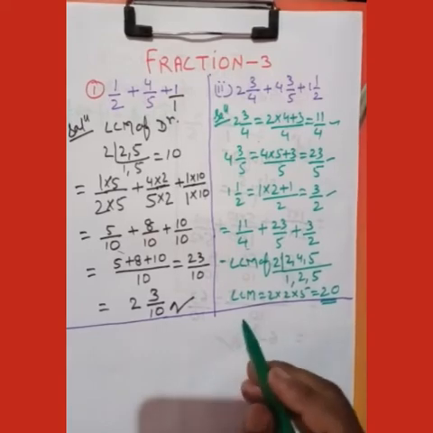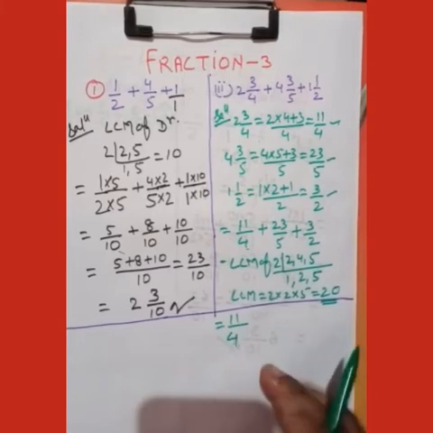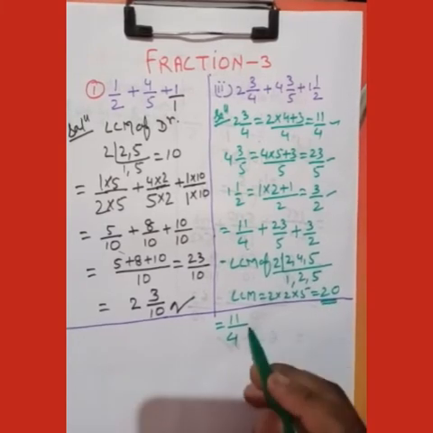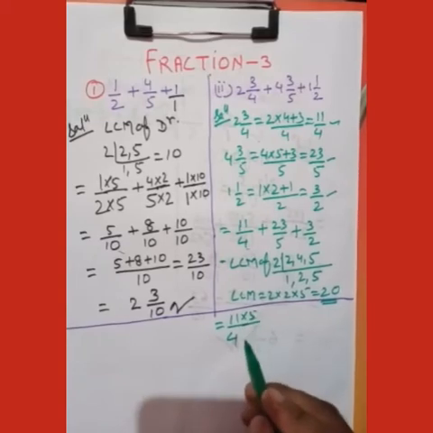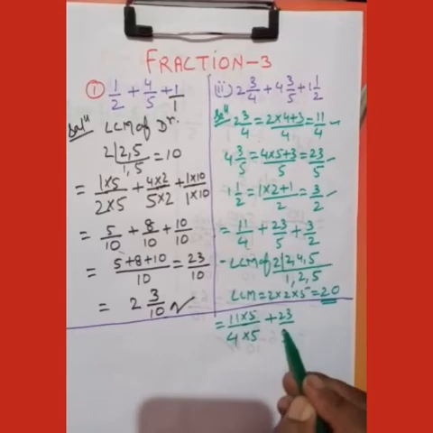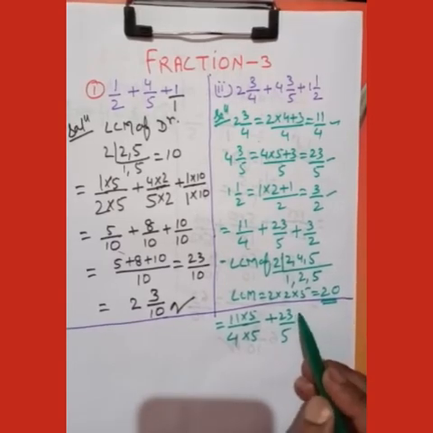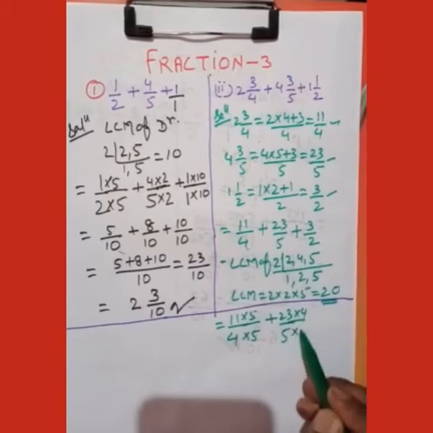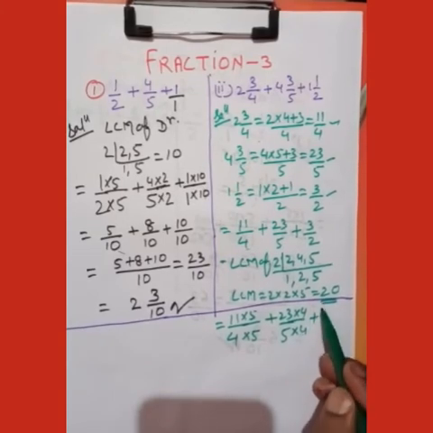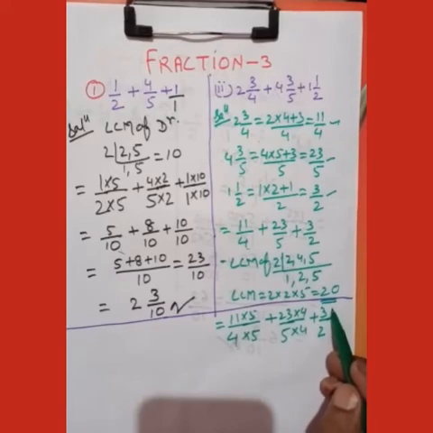Now see here, 11 upon 4, divide 20 by 4, we get 5 as quotient, multiply numerator and denominator. Now 23 upon 5, again 20 divided by 5, you will get 4 as a quotient, plus 3 by 2, 20 divided by 2, you get 10 as quotient, multiply numerator and denominator.